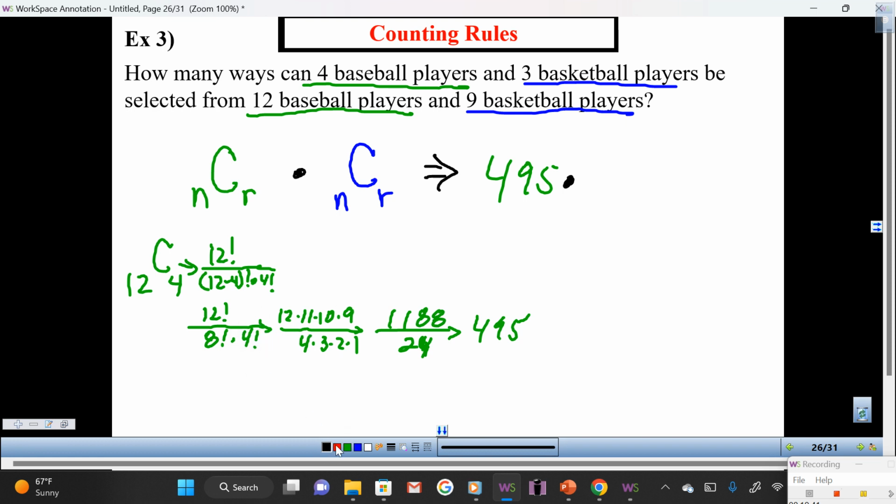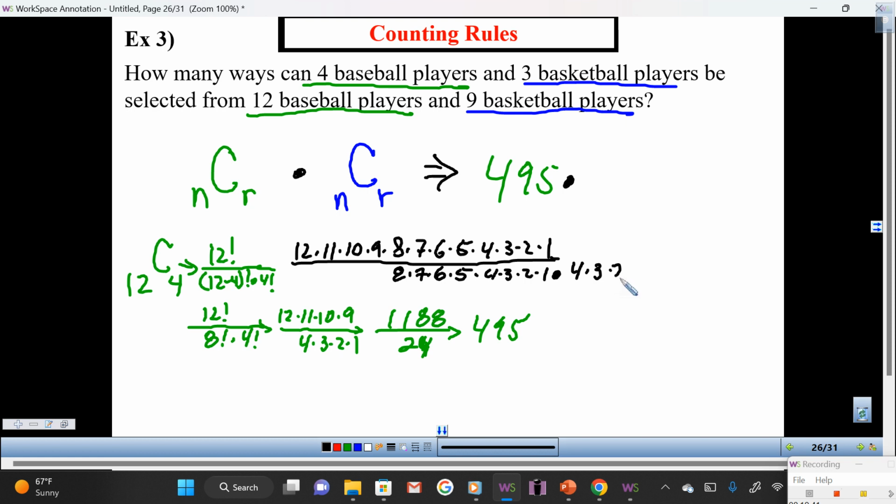If you don't see it, then write it out, such as 12 times 11 times 10 times 9 times 8 times 7 times 6 times 5, 4, 3, 2, 1 over 8 times 7 times 6 times 5, 4, 3, 2, 1 times the 4 times 3 times 2 times 1.